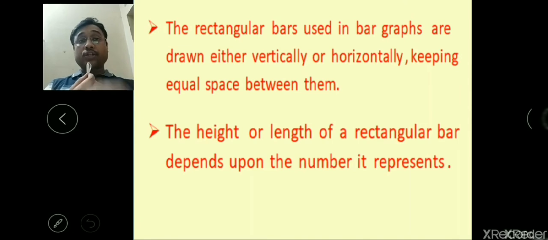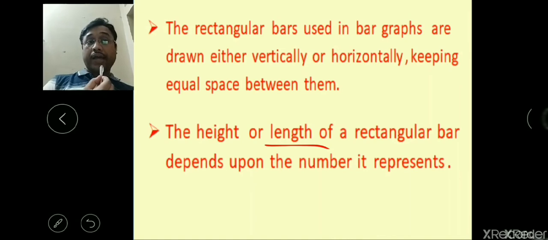That means the numerical value it represents decides its height. We say length because sometimes the bars are horizontal also.